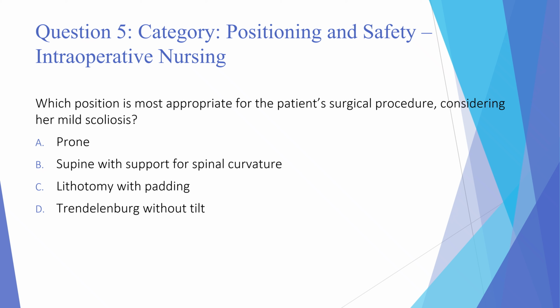I talked about those in the terminology video, where it's all explained. But here we have supine with support for spinal curvature. So you have those devices, same as in the keyword terminology video for the chapter.